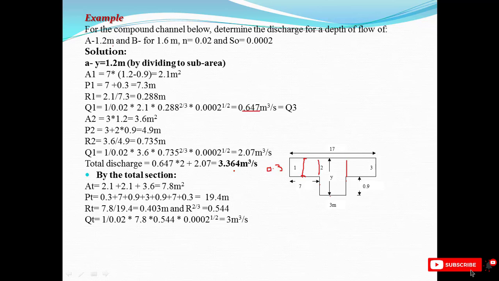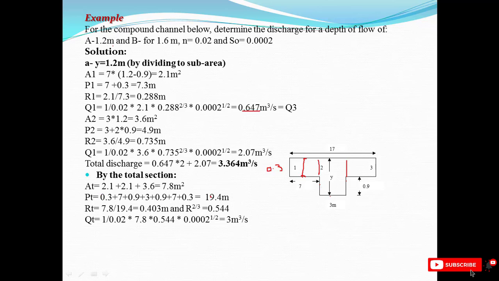We have an alternative way to find the discharge for the entire channel by the total value of A and P. A total is equal to 2.1 plus 2.1 plus 3.6, total area: area 1, area 2, area 3.